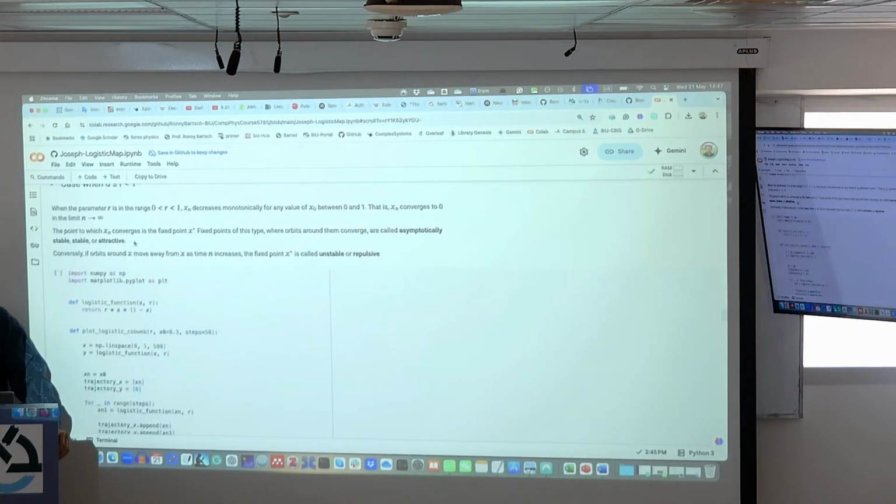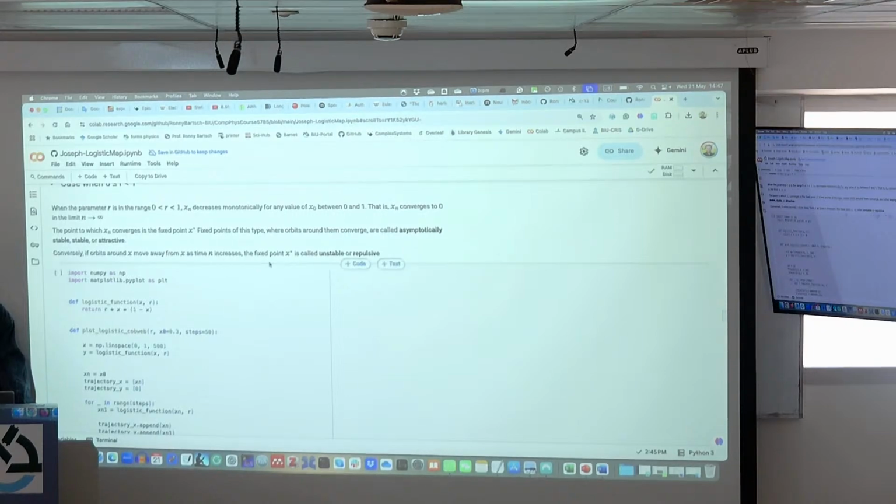The point at which Xn converges is the fixed point x star. Fixed points around which nearby points converge are called asymptotically stable or attractive. Conversely, if points around x move away from x as time n increases, the fixed point is called unstable or repelling.